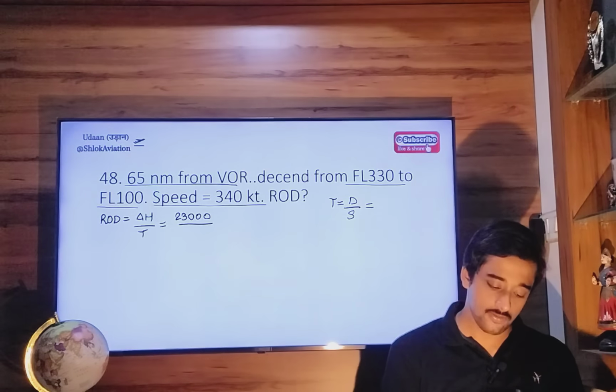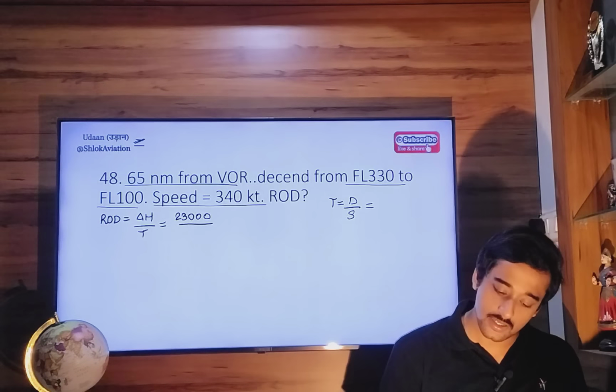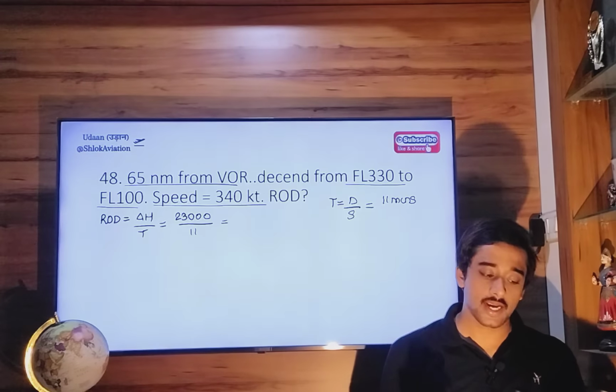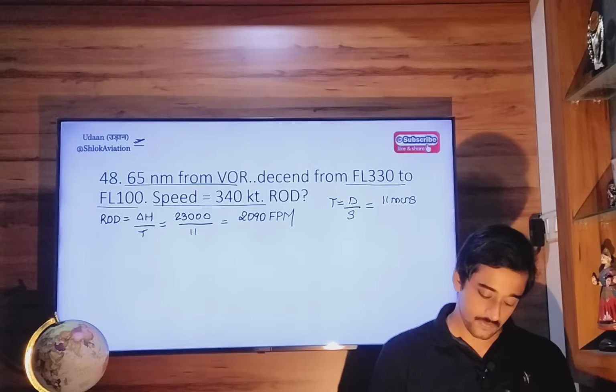Distance is 65, speed is 340, so 11 minutes. 23,000 divided by 11 is equal to 2090.9 or 2091. So the rate of descent is 2090 feet per minute.